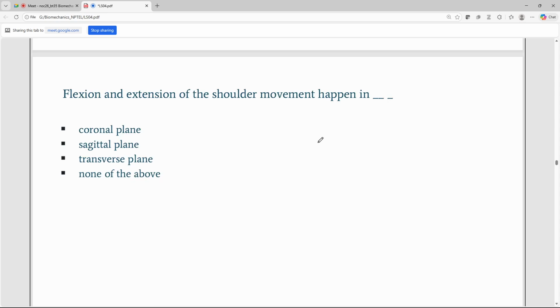Next question. The flexion and extension of the shoulder movement happen in which of the following planes? This we have seen in different, the reverse order also. The options are coronal plane, sagittal plane, transverse plane, and none of the above.